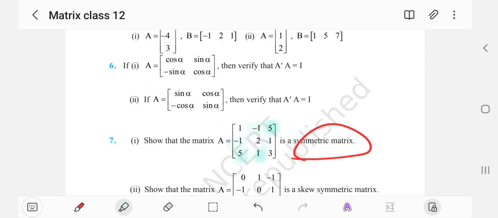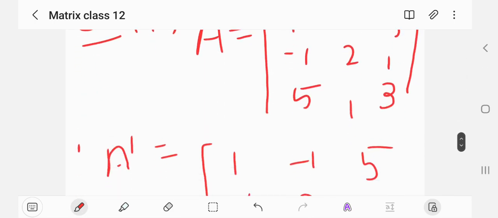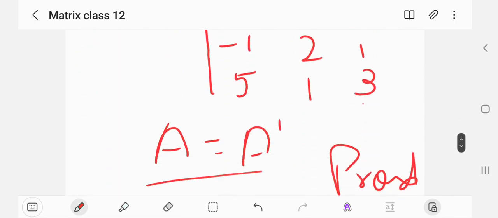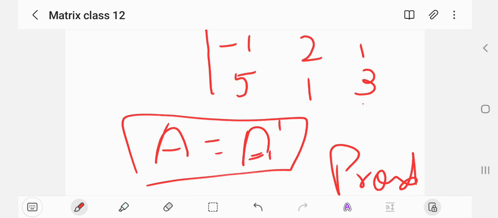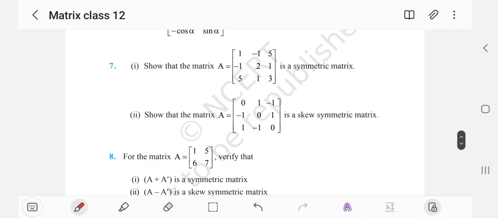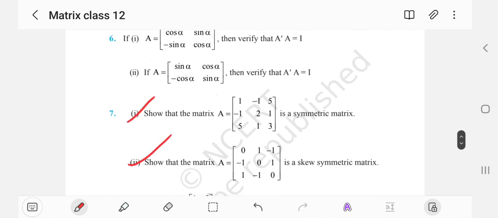This 1 is same as this 1. Regardless of what is on the main diagonal, the opposite elements should be the same. Then it will be a symmetric matrix. However, in your examination, you are supposed to show that A is equal to A transpose, right? It is also done.